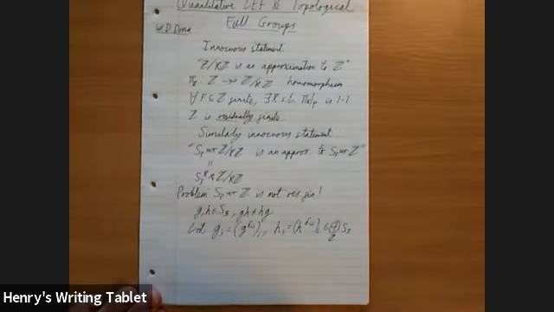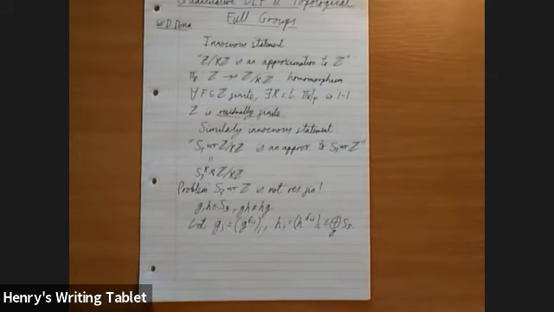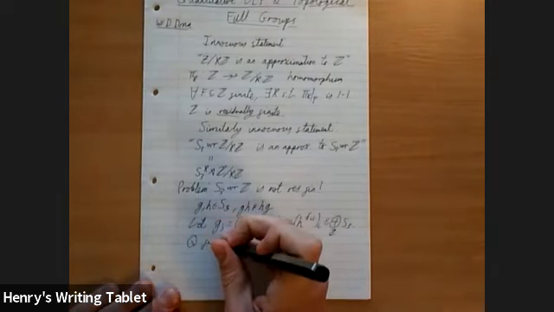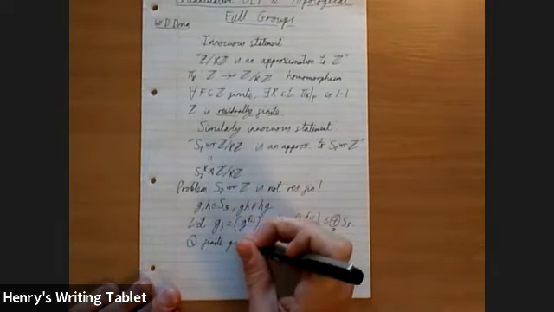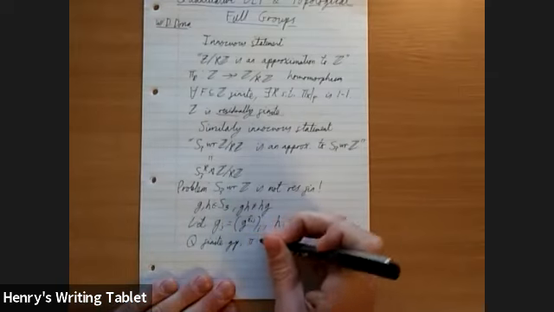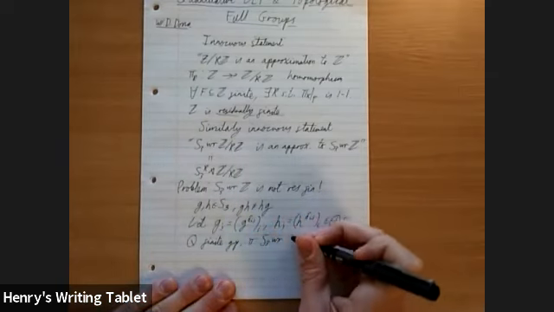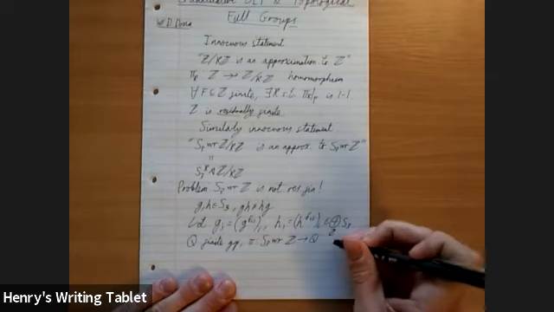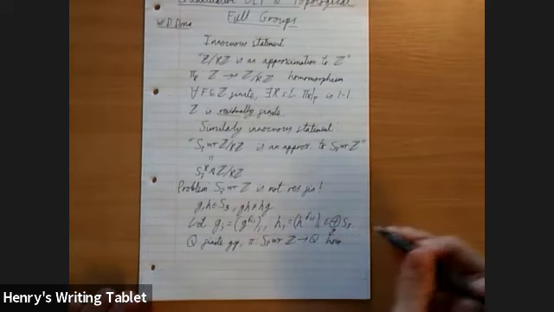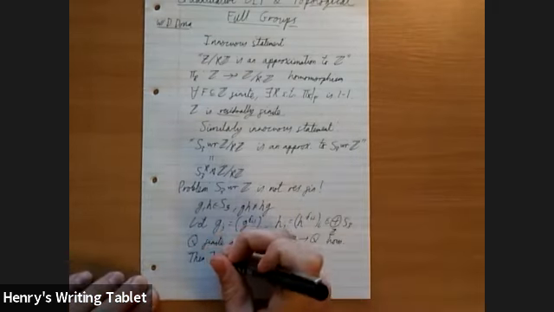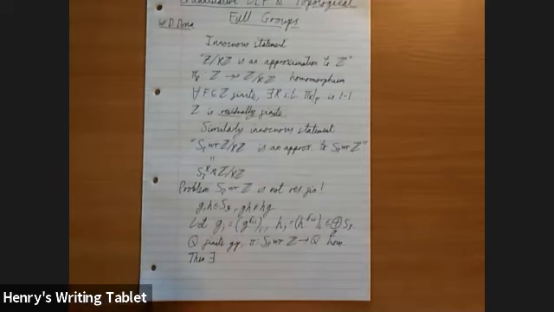Then, okay, I'm going to try and apply the definition of residual finiteness and see what breaks. So if Q is a finite group and pi from S3 wreath Z to Q is a homomorphism, then, well, Q is a finite group.